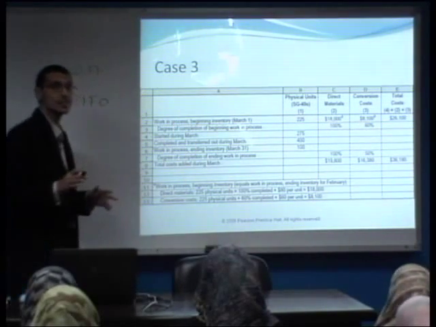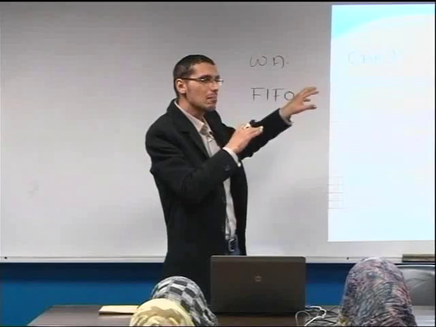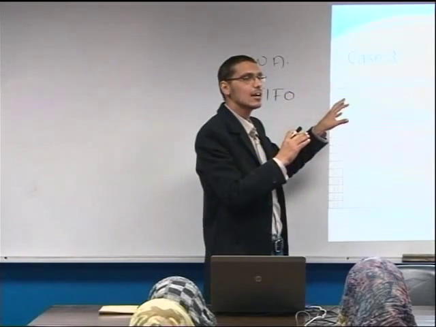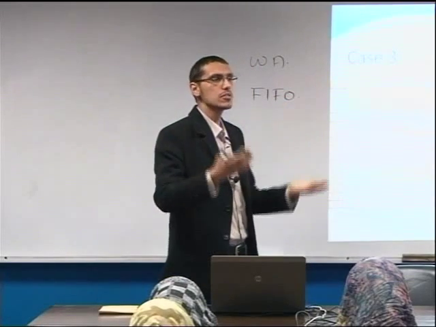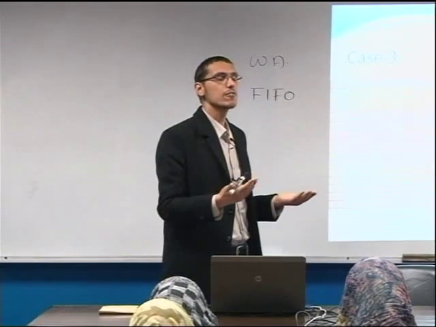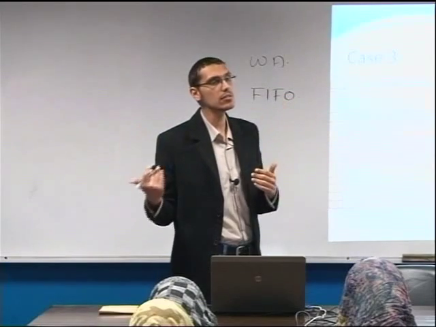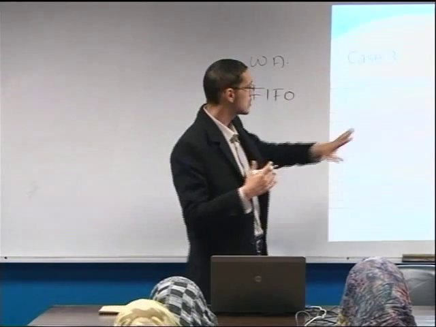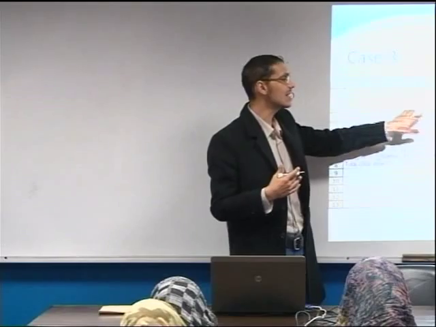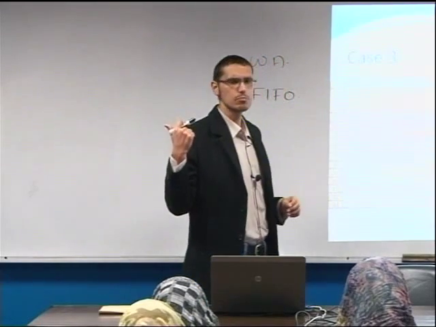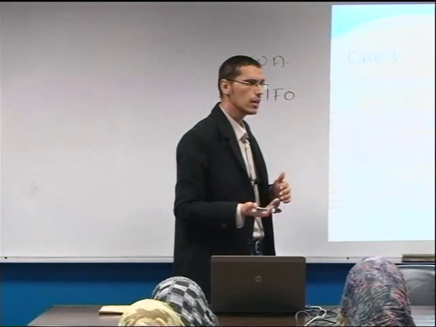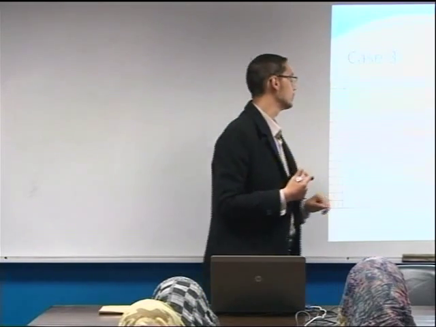Of course, we said that this data was taken from our computations in the previous month, because this information is the ending work in process inventory at the end of February. Therefore, this information was taken from the previous month.